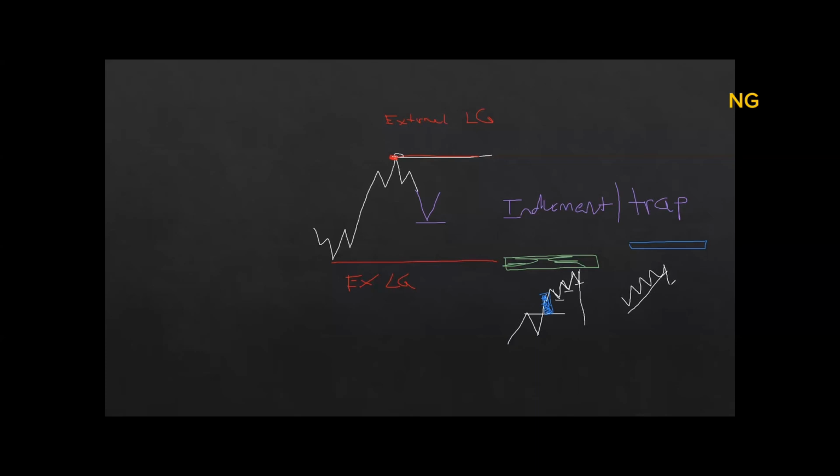And then price, for example, here, you see how I broke structure? There are sellers coming into the market in here. And then what happens is price pushes up, comes into our POI. And then that's where we short. That is what an inducement is, okay?